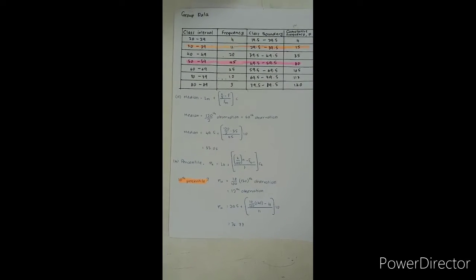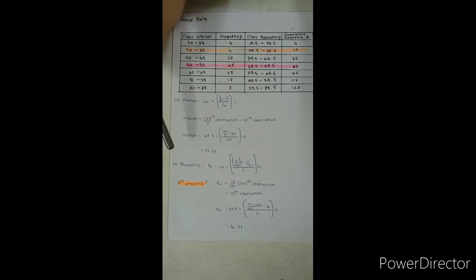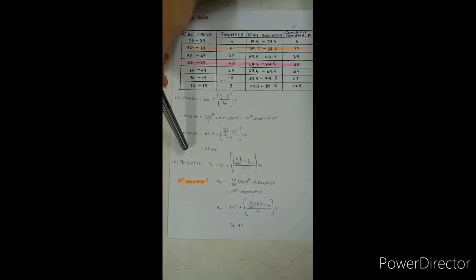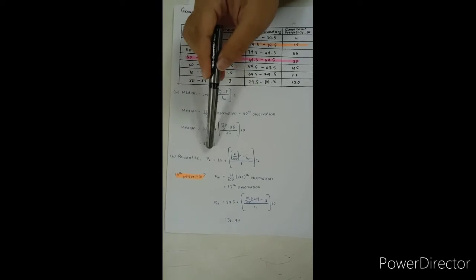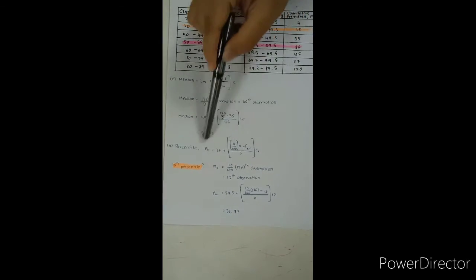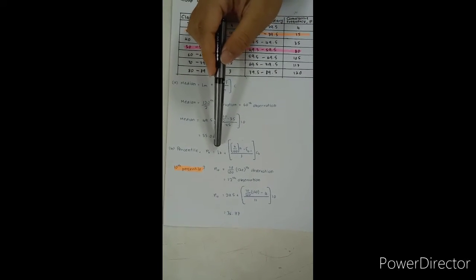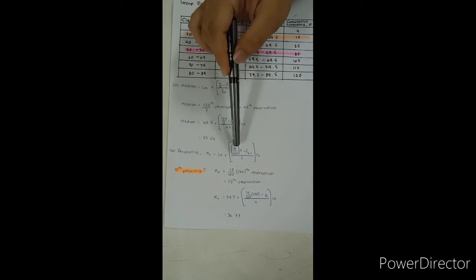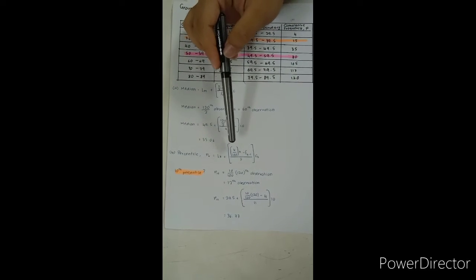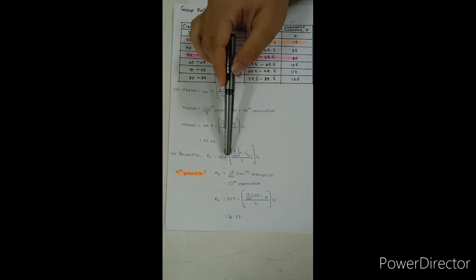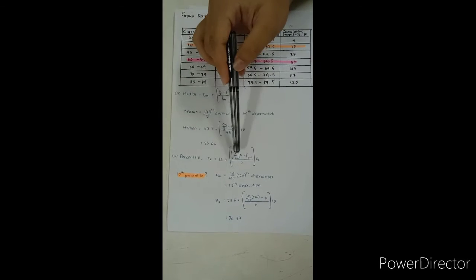Alright, next, now about percentile. This is the formula for the percentile, where L is the lower boundary, and K over 100 stands for the percent.